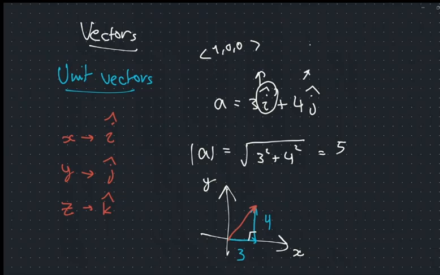And then for the j, it only has 1 unit in the y direction. And for the k, we can represent it by 1 unit in the z direction. And again, this notation really helps us in finding the direction of each vector.